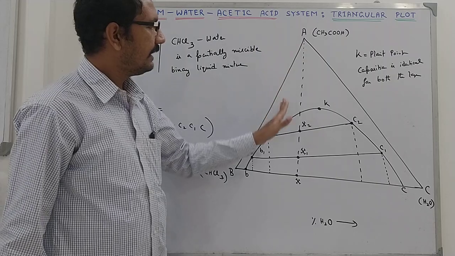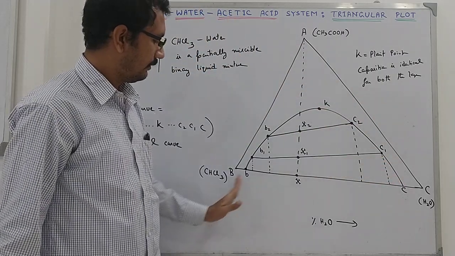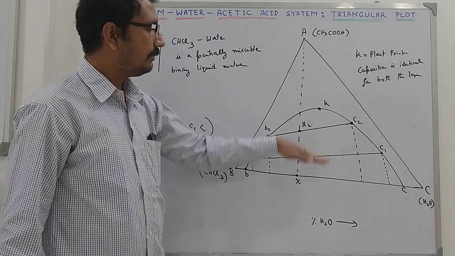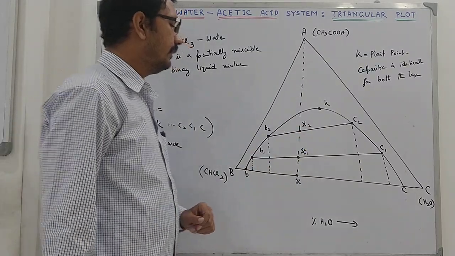Above this we will get a homogeneous layer in all proportions of chloroform and water, and below this we will get 2 heterogeneous layers.